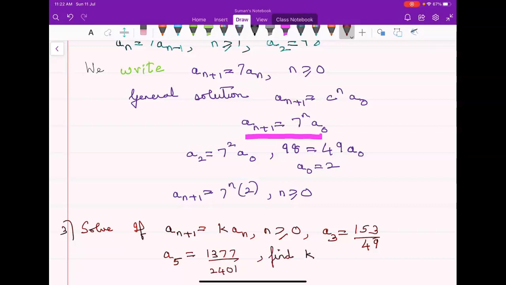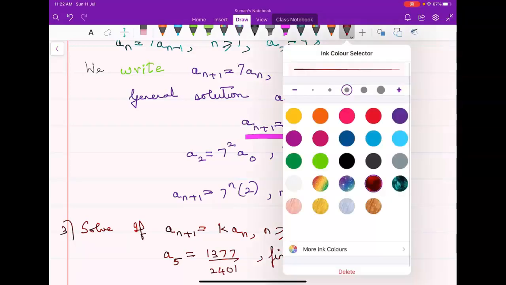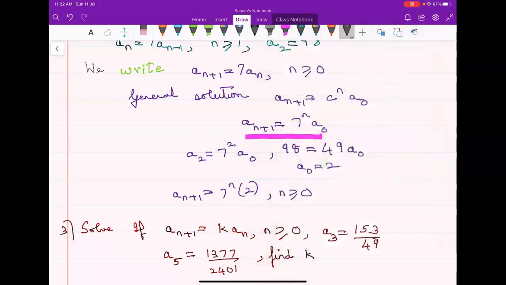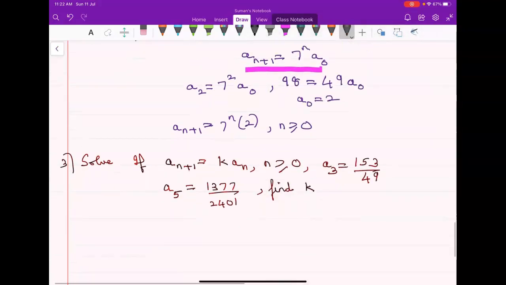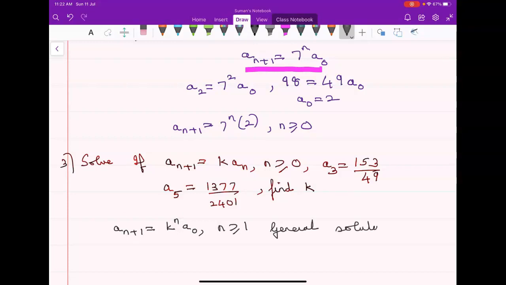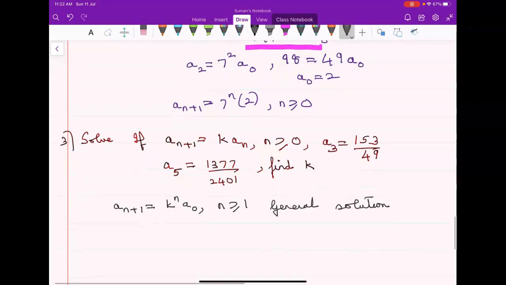So again it's a homogeneous equation, so I'm going to start with the solution, and I will start with what is given to me, that is a_{n+1} = k^n times a_0, where n is greater than or equal to 1. This is the general solution for a homogeneous equation which we just saw in the beginning of the class.